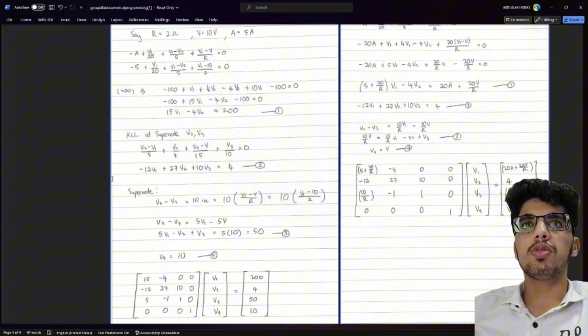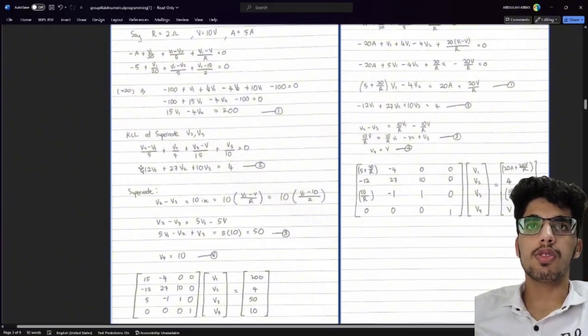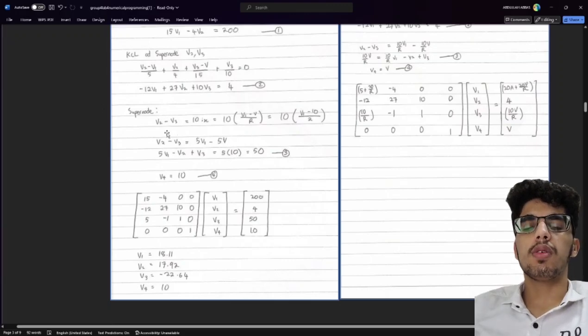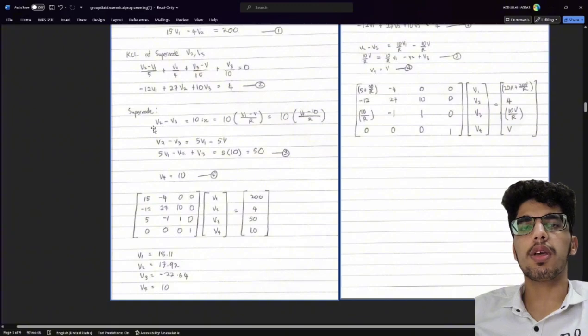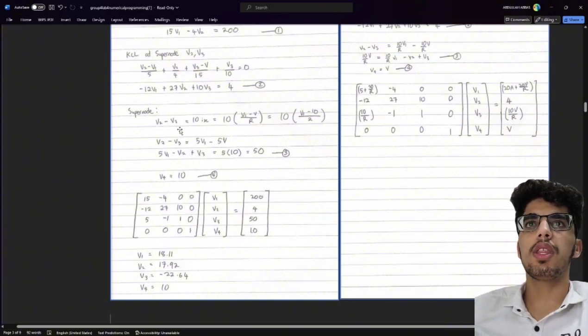The super node for V1, V2 and V3 is V2 minus V3. The super node gives us V4, so V2 minus V3 equal 10.